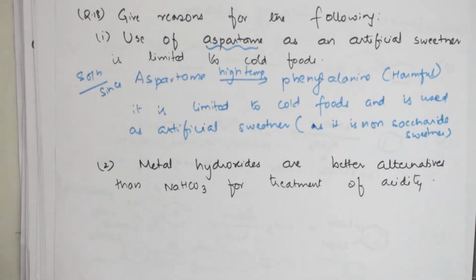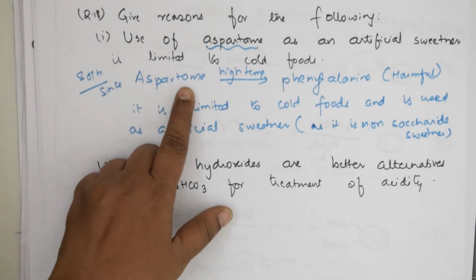That's it. You will end your answer here. So the examiner has a complete analysis. The student has written about aspartame and knows how it is getting converted to a harmful substance. Like that, the examiner will be clear and he'll give you full marks. Done. So from your side, you have added this point and this point.